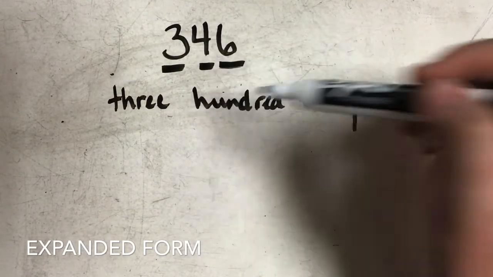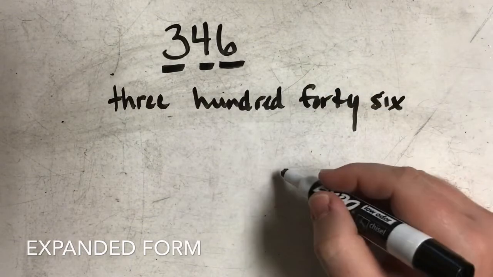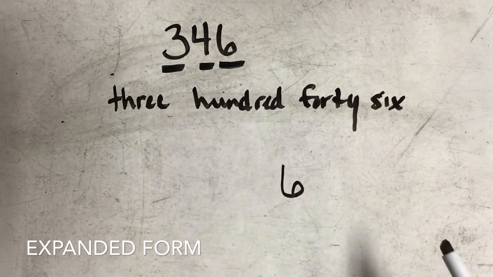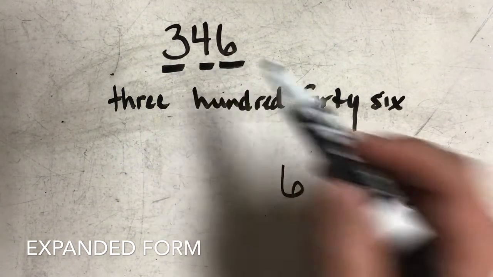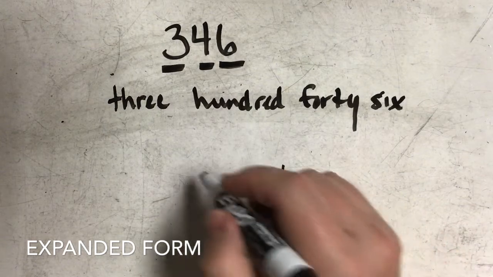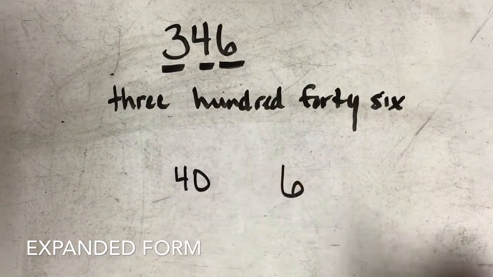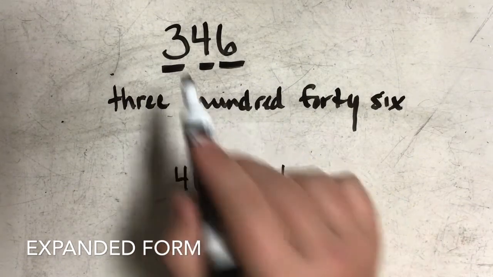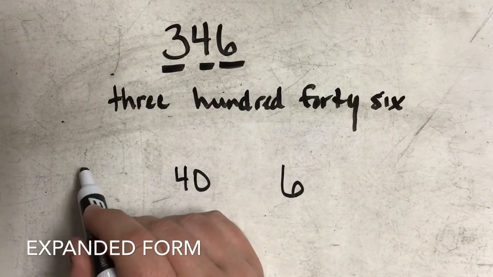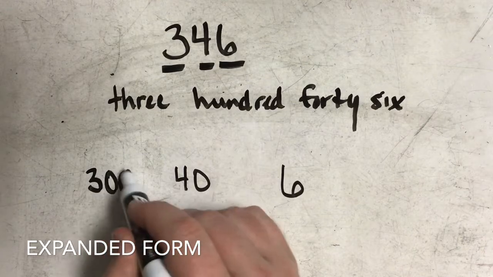So the 6 is in the ones place, so we're just going to put our 6, because that's the only value that 6 has. The 4, however, is in the tens place, so it actually has a value of 40. And the 3 is in the hundreds place, which means that it would have a value of 300.